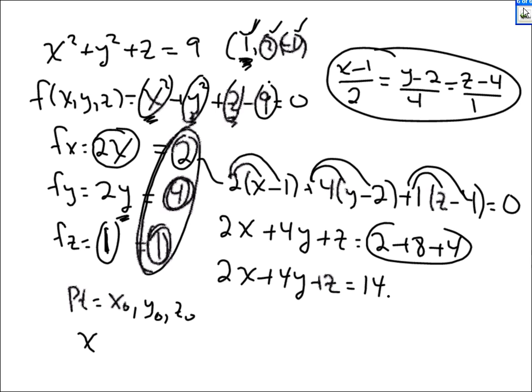The numerator will be x minus x0 equals y minus y0 equals z minus z0. And what goes in the bottom is f sub x at that point, f sub y at that point, f sub z at that point. You need to walk around saying that. Or if you really don't want to do that, fine, but that's what you should do when you study.